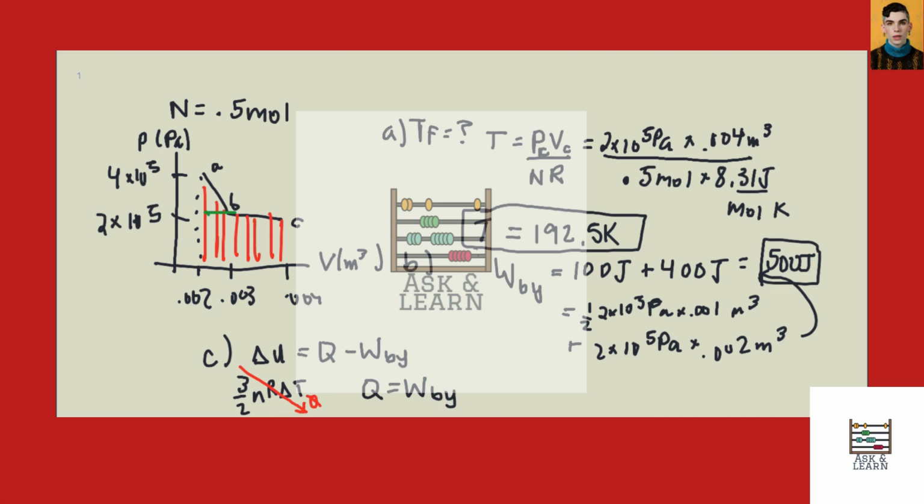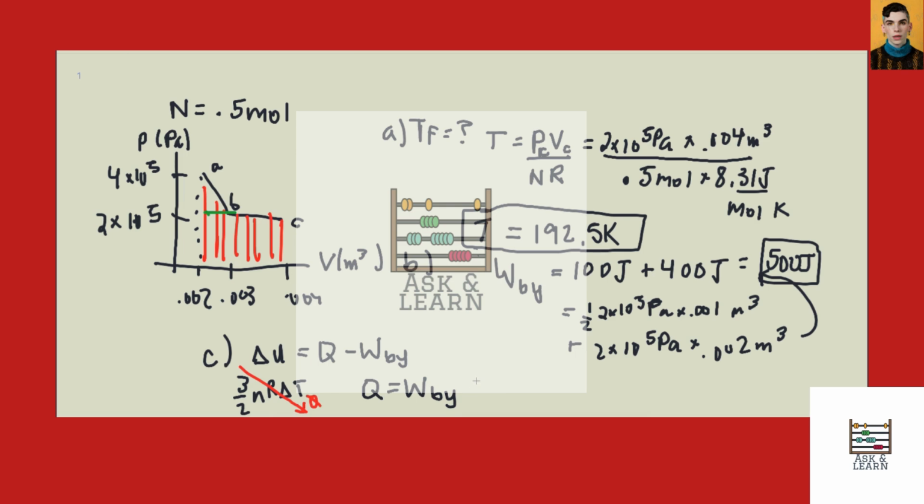And so let's think about the signs here. In B, I talked about finding the work by finding the area under that curve, but I didn't say anything about the signs. If the volume overall increases, then the sign is positive. And if the volume decreases, then the sign is negative. So our volume increased, so our work is positive, and therefore our Q is positive.